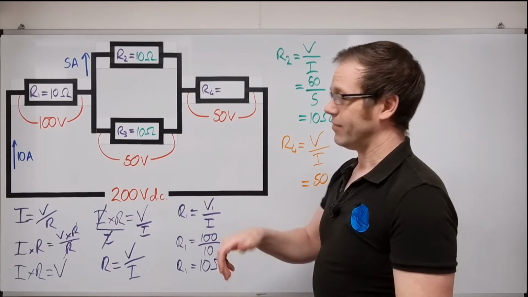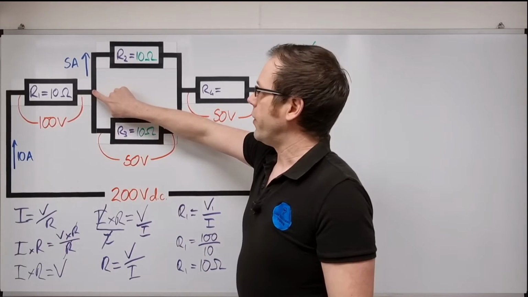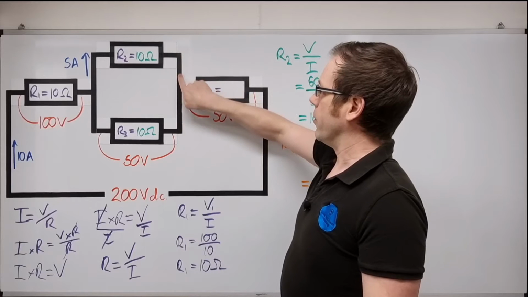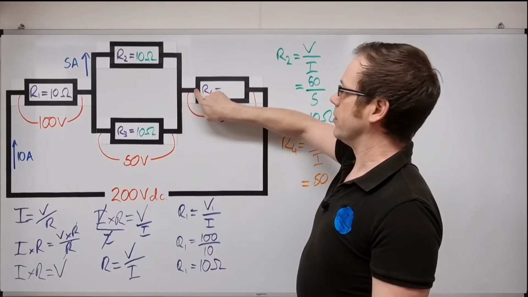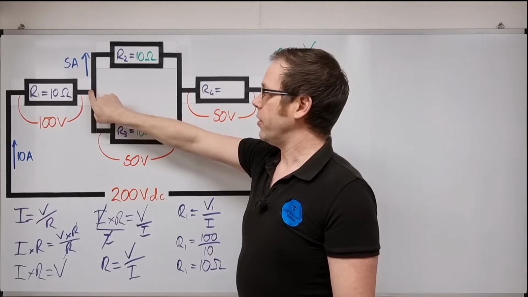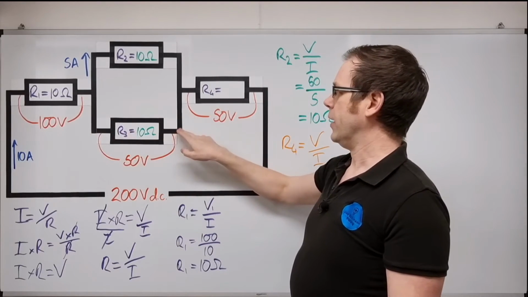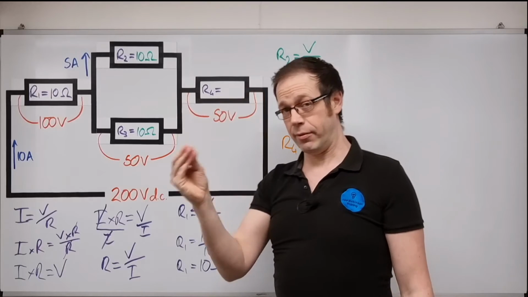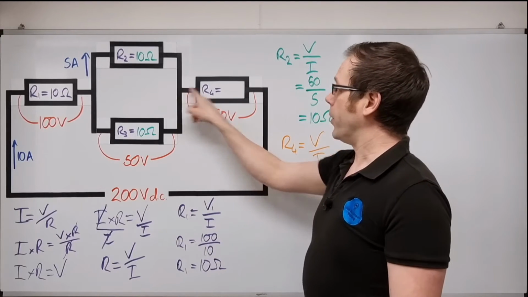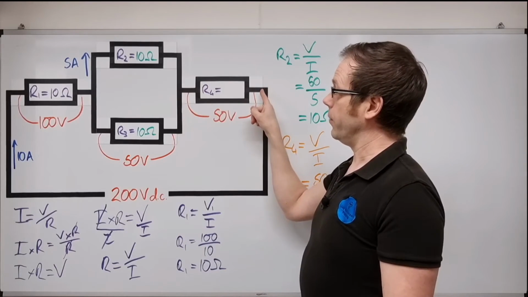Well, again, let's trace the currents round. We've got 5 amps flowing up through here, so that comes back down to here and it must flow through there. But we've got the other 5 amps from this 10 amps that's flowing through here this time and up to this point, and at this point they recombine, they join together, and both of those 5 amps must flow through R4.